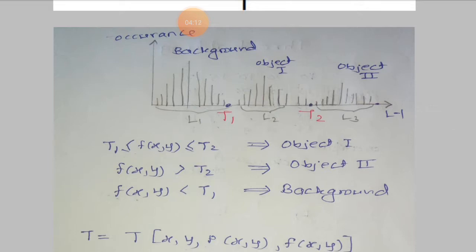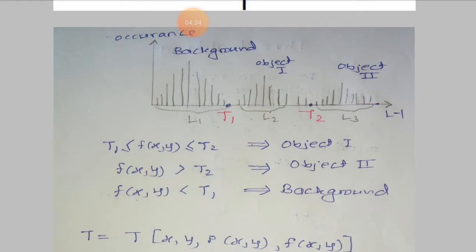Now if this kind of histogram is given, in which two objects are present, but object 1 and object 2 have different gray level values, and a near-black or dark background is present.